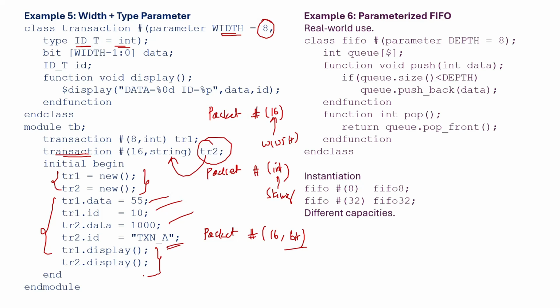Same thing I applied for the parameterized FIFO. FIFO you know, right? Write operation, read operation, and then full condition, empty condition, write enable, read enable, write data, read data, all these input and output variables I have considered.